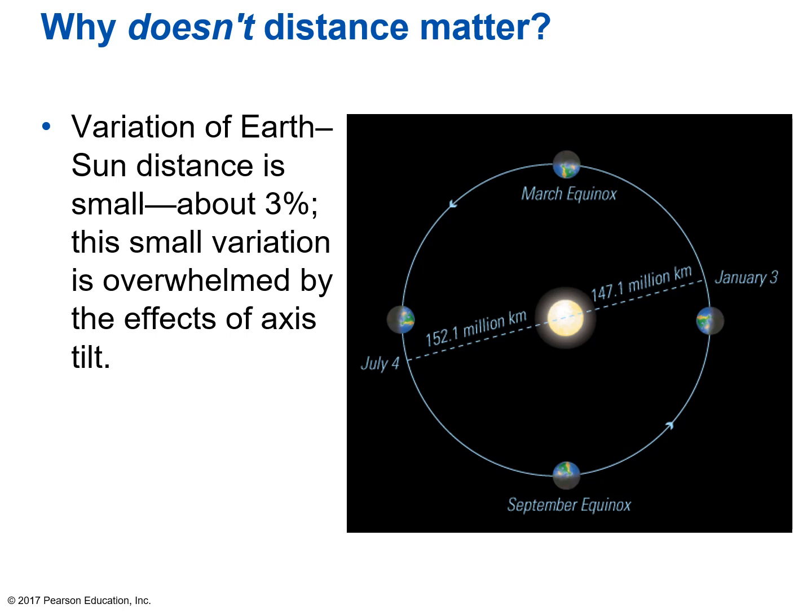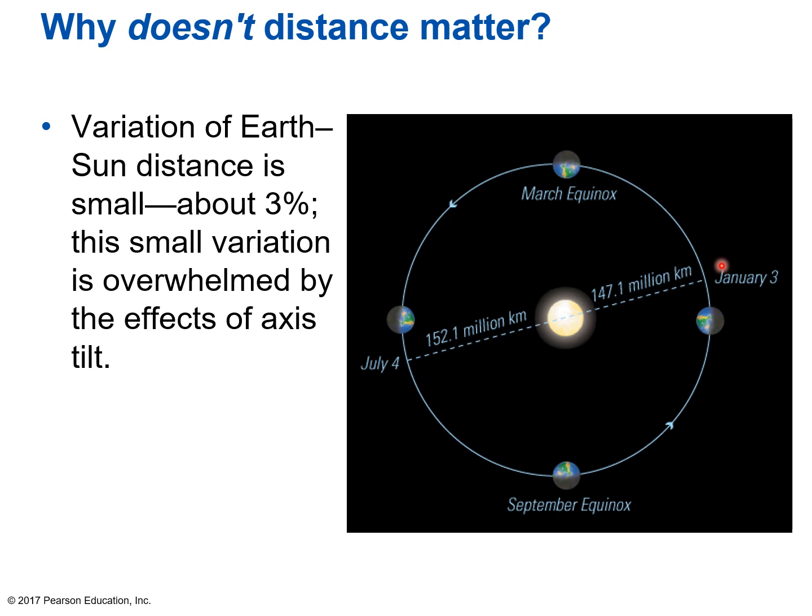Now let's go back to the idea that distance might matter. Why doesn't distance matter? Because the Earth, while it does travel in an ellipse, it's not a circle, so it does have a point at which it's a little farther from the sun, that's called aphelion, and a little closer to the sun, that's called perihelion. But it doesn't vary that much.